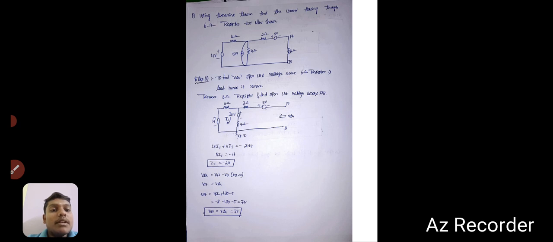Now VA is equal to 4I1 plus 20 minus 5, which is equal to minus 8 plus 20 minus 5, which is equal to 7V. So VA is equal to VTH is equal to 7 volts.